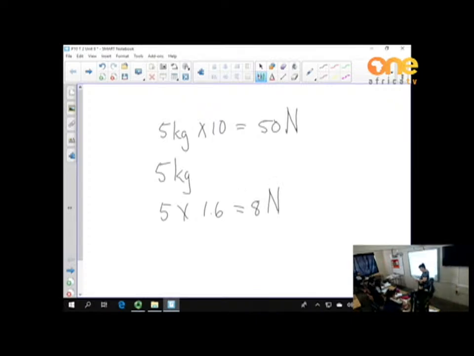Exercise 2. 1. A bus full of passengers needs more force to turn at a corner than when it is empty. Explain the statement in terms of inertia. Now, inertia was a new concept that we did, and we said, what is inertia? I used the example of the water bottle. Inertia is the ability of an object to stay at rest, if it is at rest, or if it is moving with uniform motion in a straight line, it wants to keep on doing that.